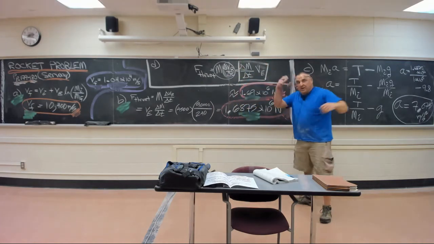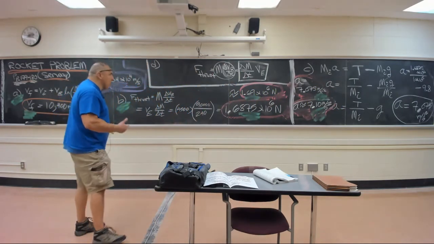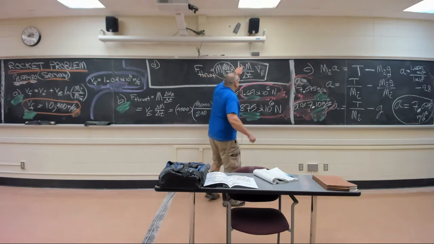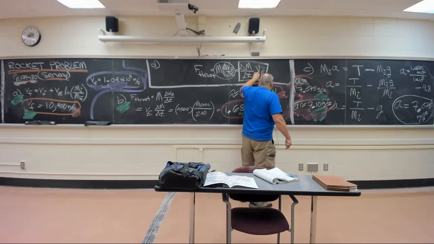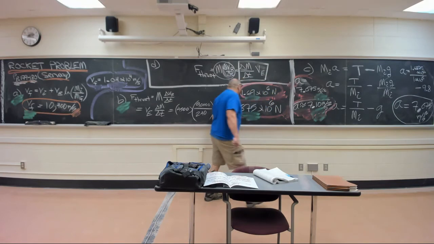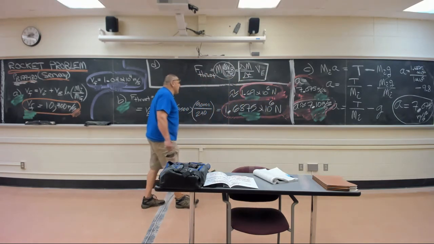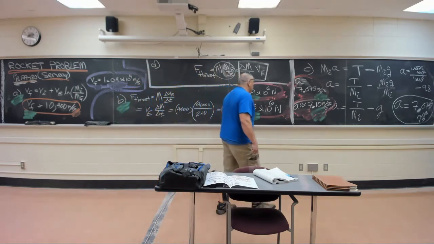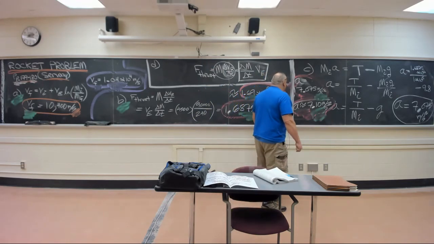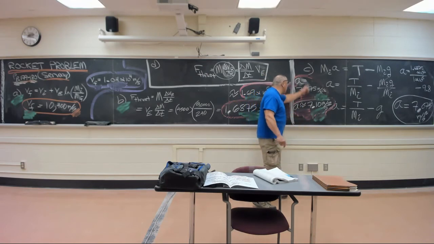I already said that a number of times. It's important enough, we can't forget it. We've got to know it. All right, true. So you're telling me 90,000 kilograms divided by 240 seconds times 4,500 meters per second is going to give me the 1.6875 times 10 to the 6 newtons, 1,687,500 newtons. Yes, that's what I'm saying. If you divide it by the mass of the rocket on the launch pad, you'll get this acceleration initially.